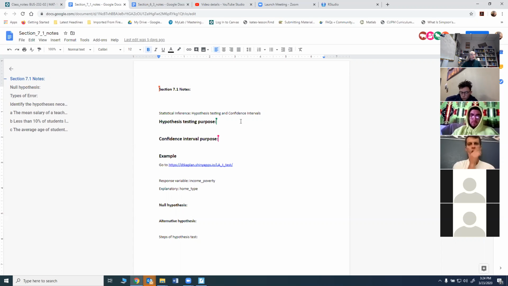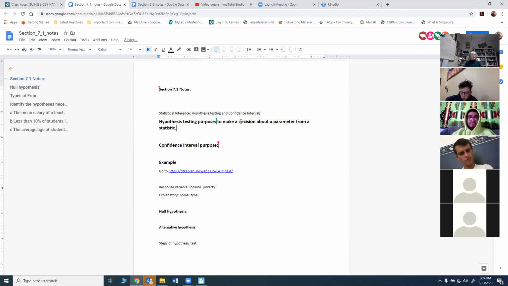So the purpose of a hypothesis test is to make a decision about a parameter from a statistic. So all you're going to do is say, hey, this is the difference, this is what's happening. That's all it is. A confidence interval, and this is why these are a bit better, is to estimate a parameter.